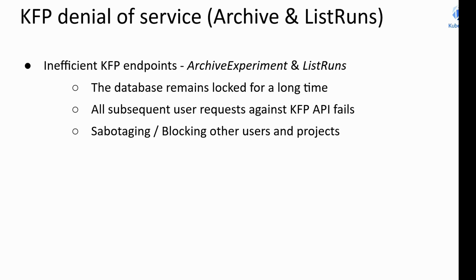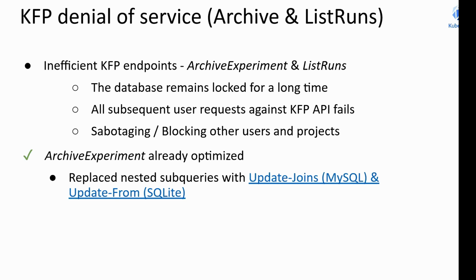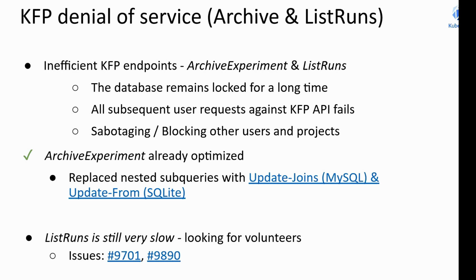This kind of inefficient request hurts user experience, but also can be used for sabotaging and blocking other users. So in 1.8, we optimized the archive experiment call by replacing nested subqueries with update joins, but list runs is still very slow, and we're looking for volunteers to fix this.